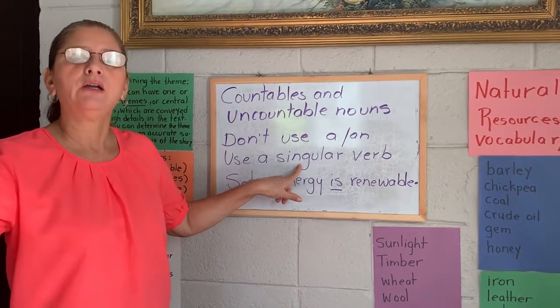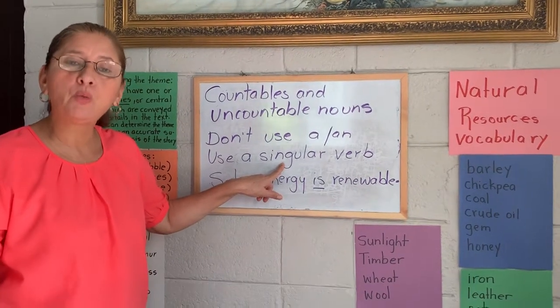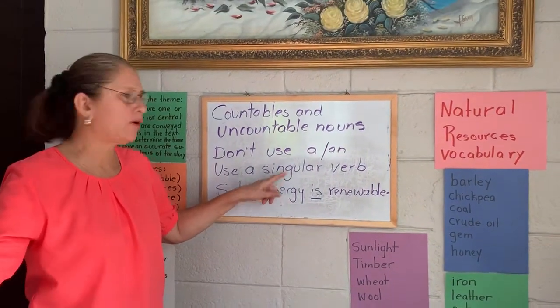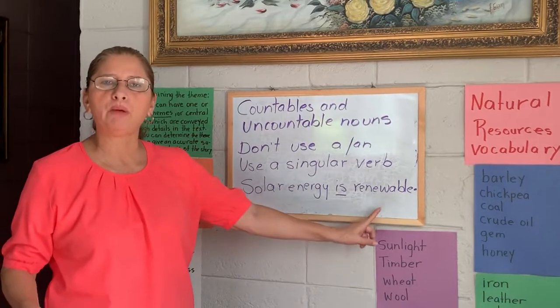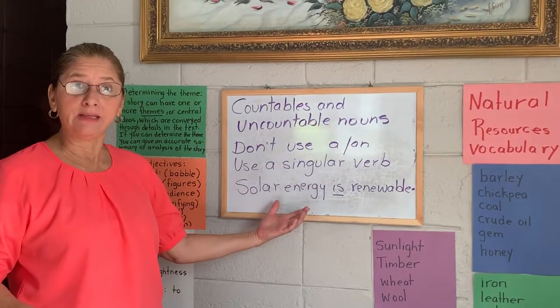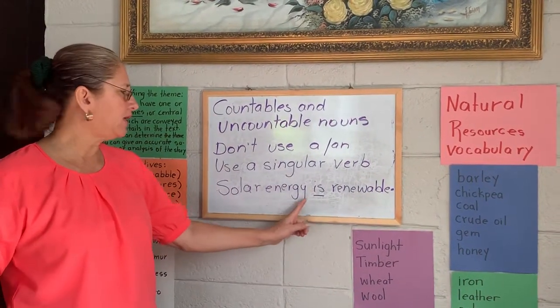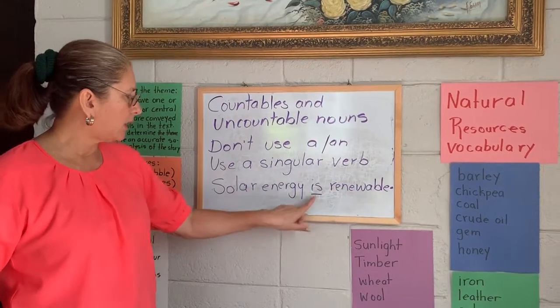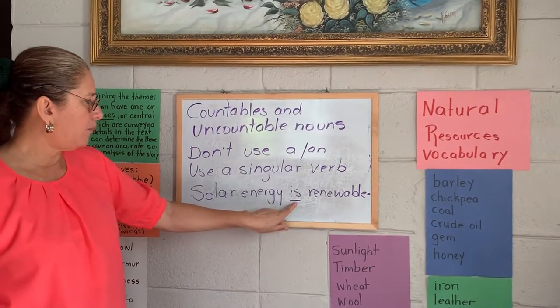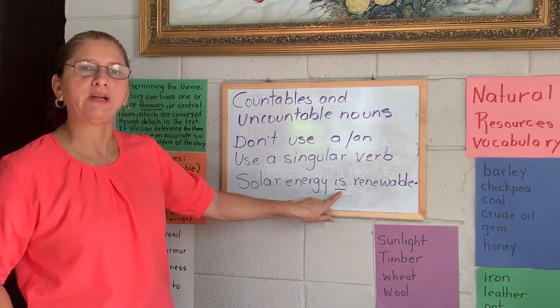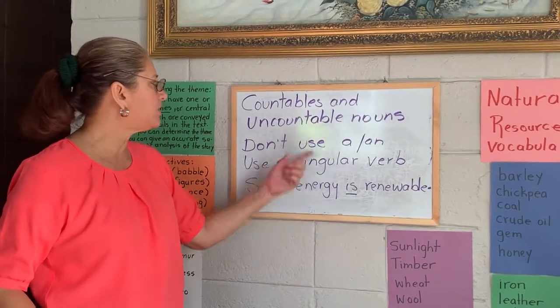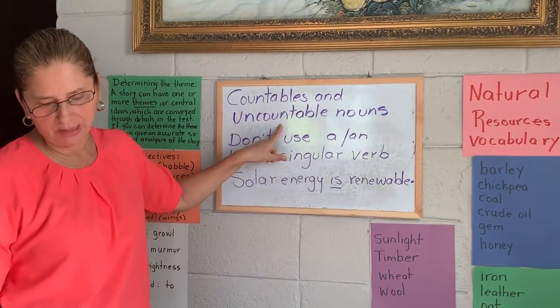I have an example on the board, a sentence: solar energy is renewable. Can you see? The verb is in singular form, is, because solar energy is an uncountable noun.